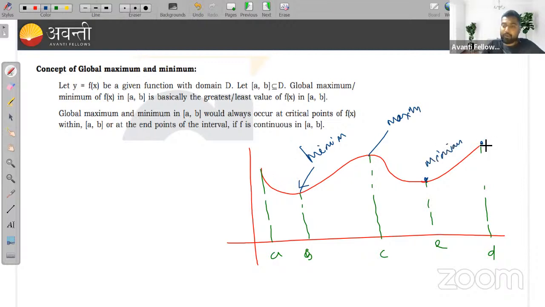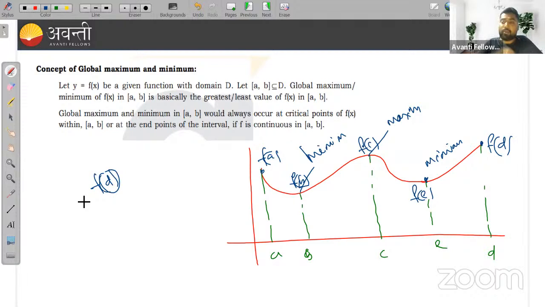And try to find also these two values. है ना? After getting all these values, f of a, f of b, f of c, f of e, f of d, check who is the maximum value. है ना? Suppose here I am getting f of d is the maximum, or greater than all the values f of b, f of a, f of c, f of e.